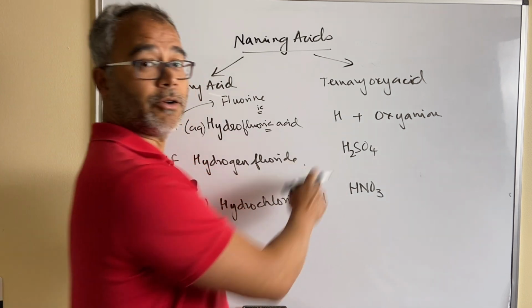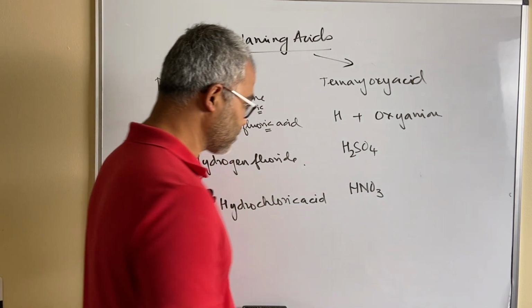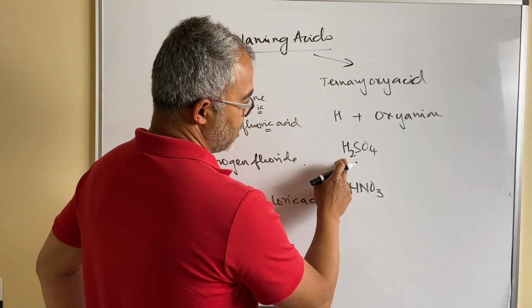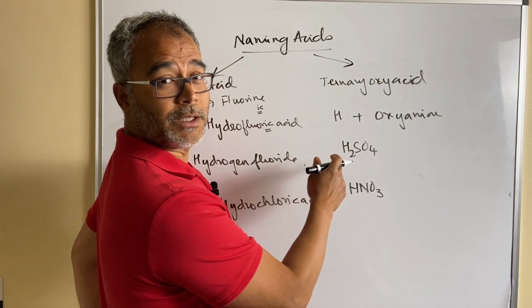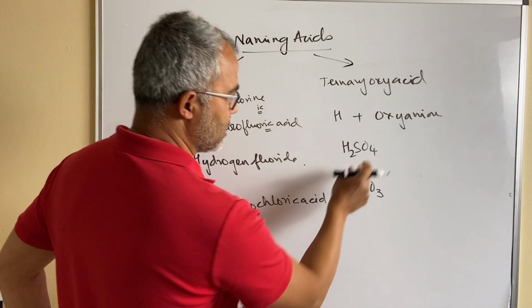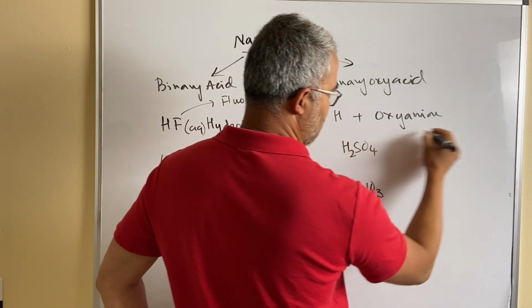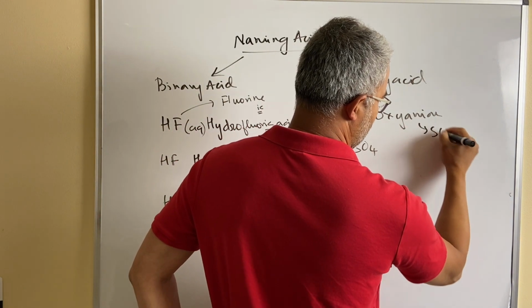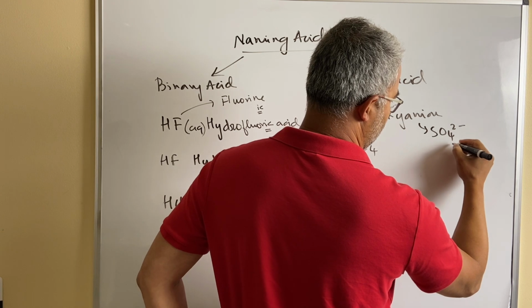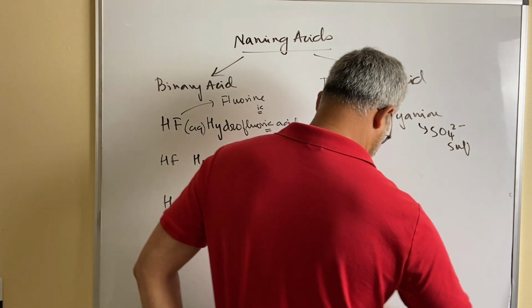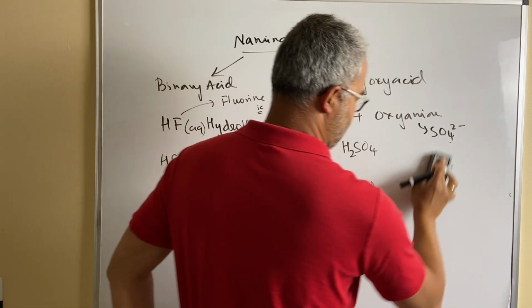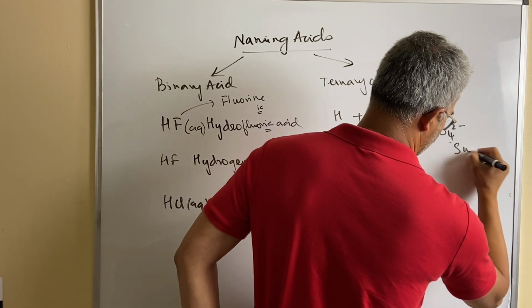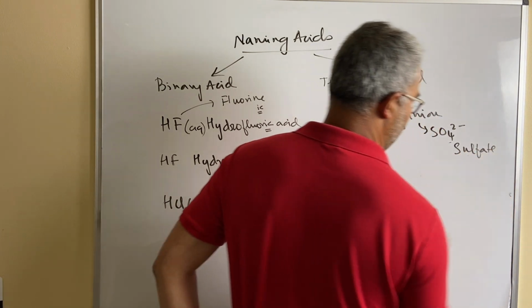Let's take a look at how to name ternary oxyacids. So you'd name it after the name of the oxyanion. So the original oxyanion out here would be SO4 2 minus, so that would be sulfate, right? Sulfate.